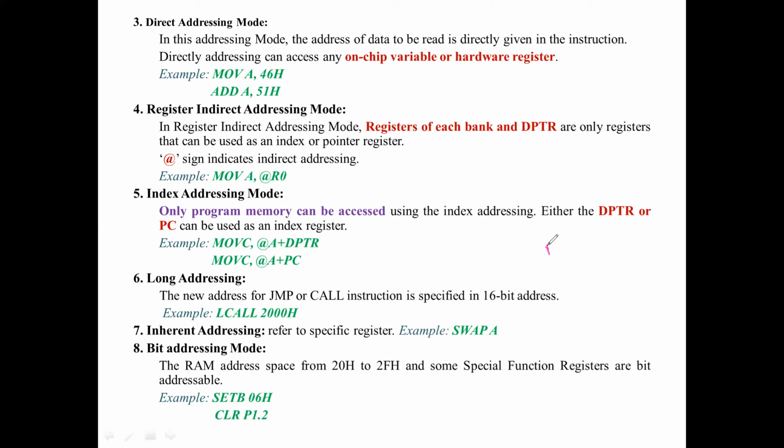For example, I have some instructions, MOV A, B, something like that. Suddenly I have an LCALL 2000H. Okay, this is my instruction.